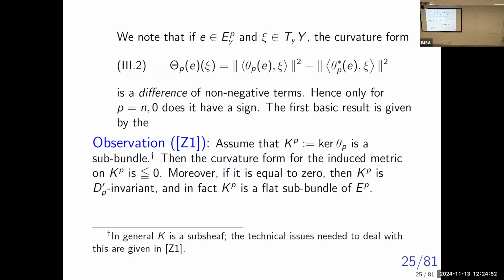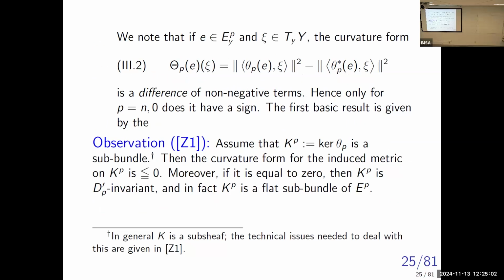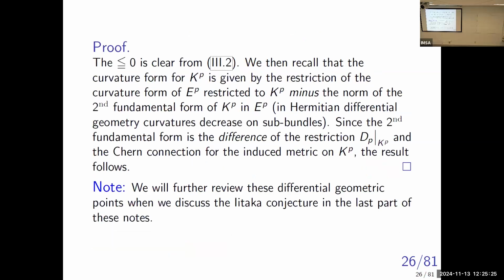Okay. So the way that this is applied in Hodge theory is based on that observation, due to Zuo. And there's a condition that if the curvature is less than or equal to 0, if it's equal to 0, then you have an invariant. It's not only d bar invariant, d bar is 0, but it's invariant under the 1,0 part. It's a flat subbundle.